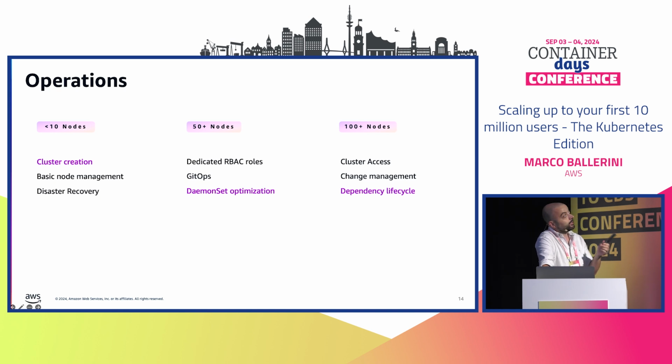Another thing that we normally do with customers, and is a bit overlooked, is daemon set optimization. If you think about your daemon sets, there are some of them that are required in each node, like logging and monitoring. But the great majority of them are very, very specific. A good example is the NVIDIA driver for GPUs or CSI drivers.